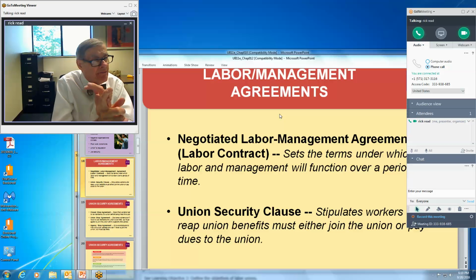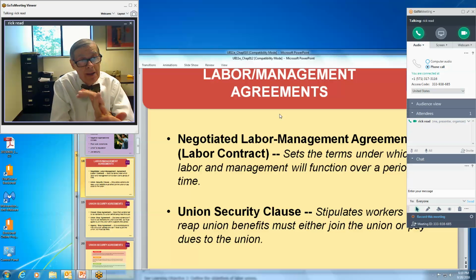Aren't we kind of against in this country the free rider? Now, I'm not extolling unions, and I'm not extolling people who don't like unions. What I'm saying is this, to me, is a question of fairness. It's not a question of being a union member or paying union dues. It's a question of fairness. You reap the benefits, you ought to have to pay something to make sure that you're getting those.